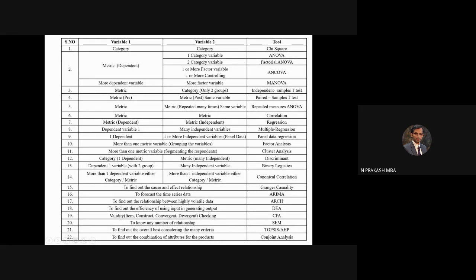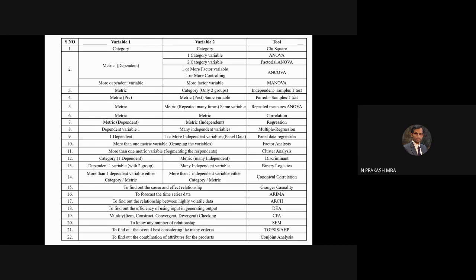If this is the collected data you have, what analysis can we perform? We can perform an independent sample test to find the relationship between the categorical variable, gender, and the metric variable which we collected from the Likert scale, like satisfaction of the consumer.